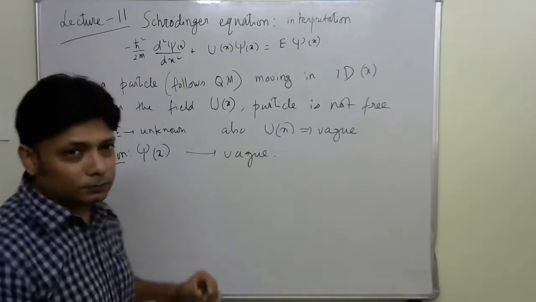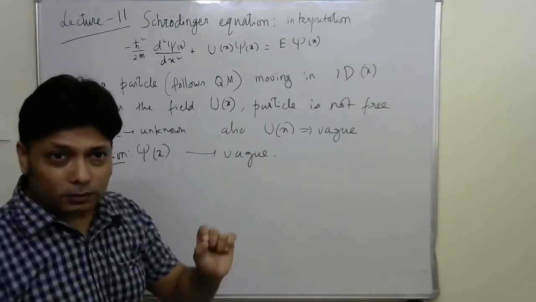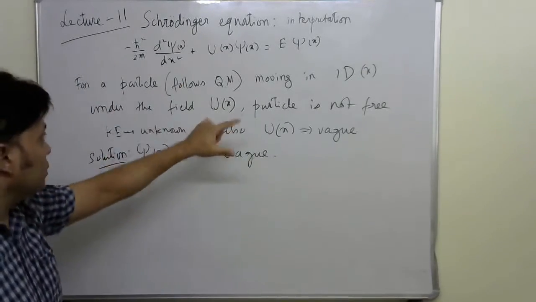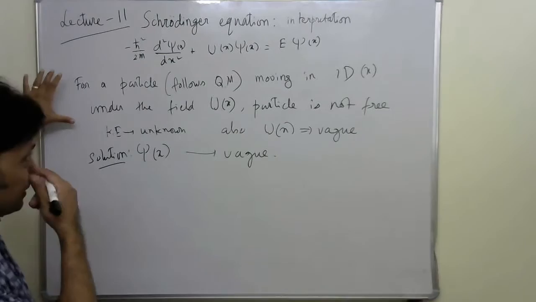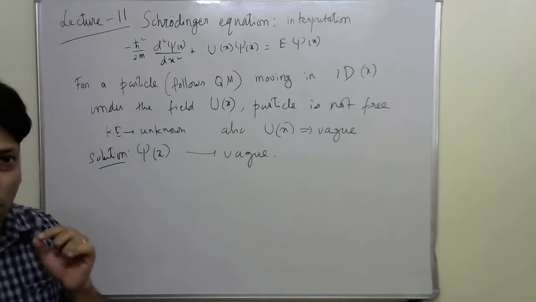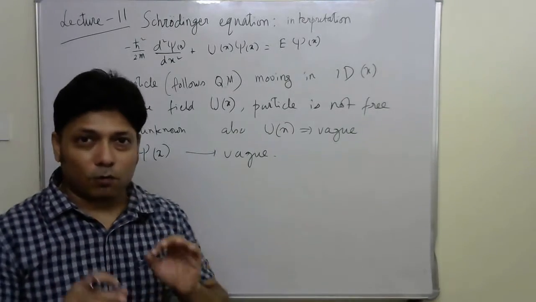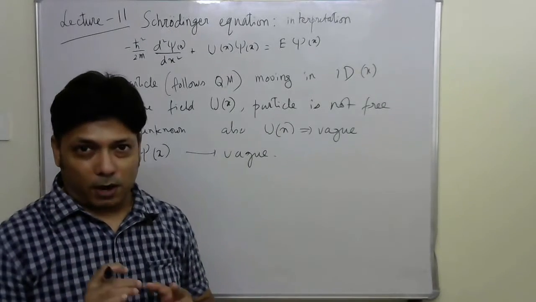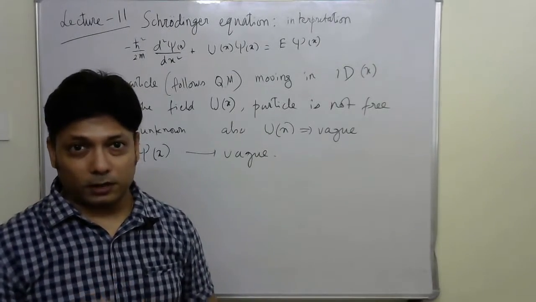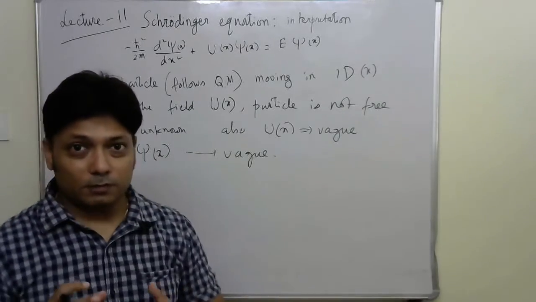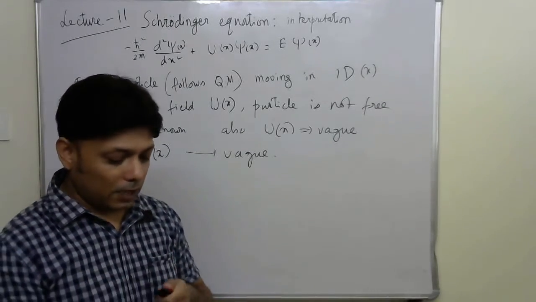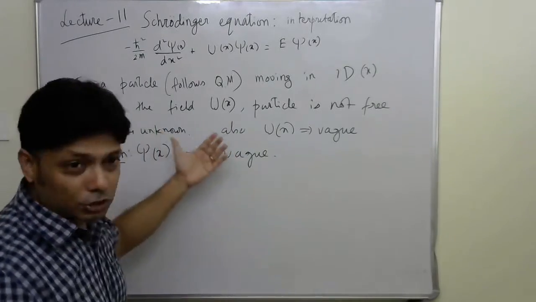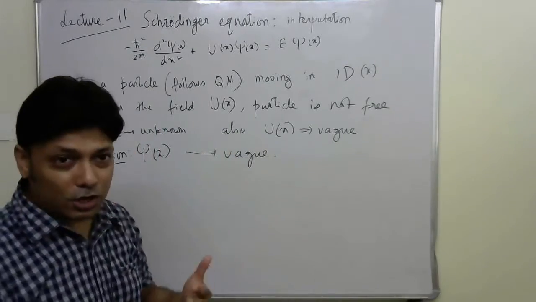But one final word to strengthen our understanding. What does that equation mean? This equation is representing a particle which is following quantum mechanics, and since quantum mechanical particles have wave-particle duality, that particle can be represented as a wave, and the particle is under a force field, potential energy u(x), kinetic energy unknown.